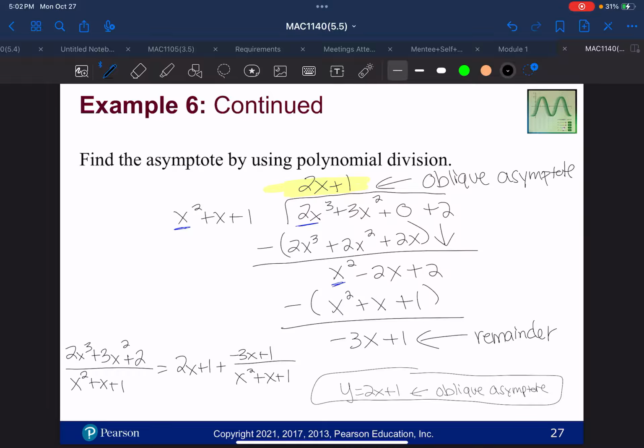So these two are equal to each other. It's what we just showed. And this is our quotient, and this is our remainder, and that x squared plus x plus 1 was our original divisor.